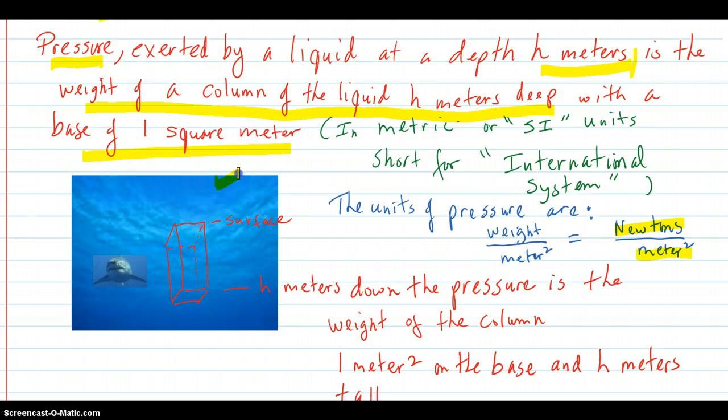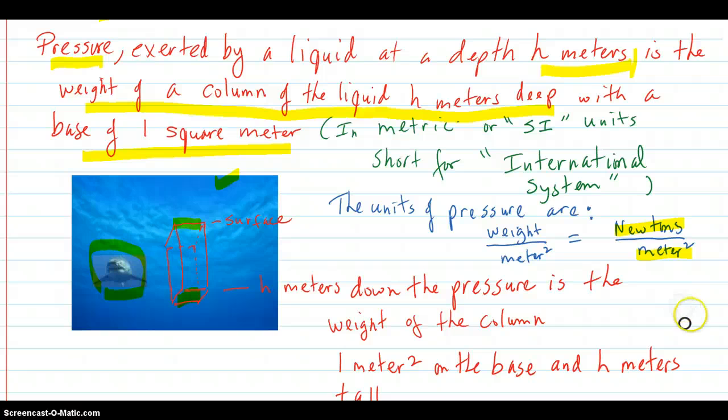Over here on this picture, got a little shark going under the water. You have a 1 square meter base rectangular column of the water from the surface h meters down. So how much would that weigh?